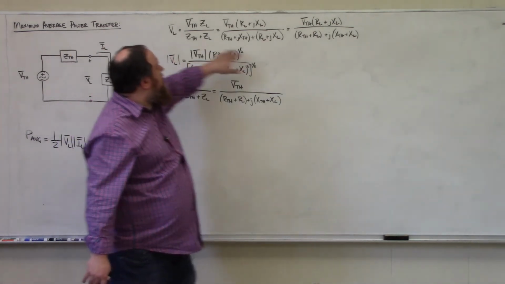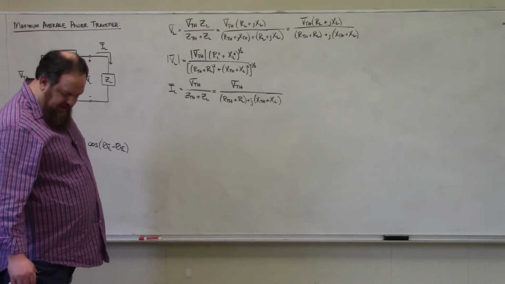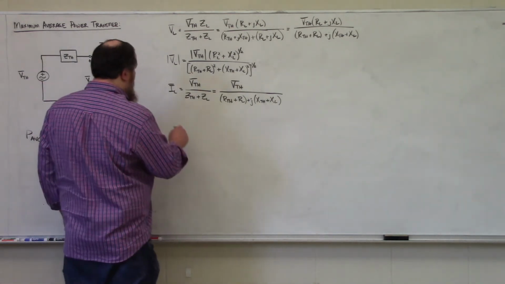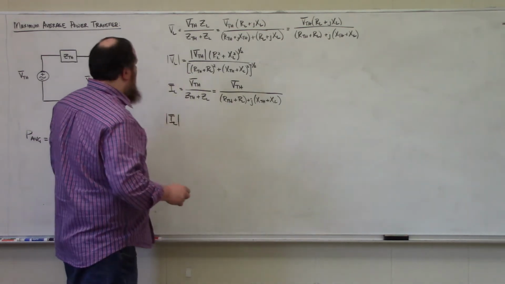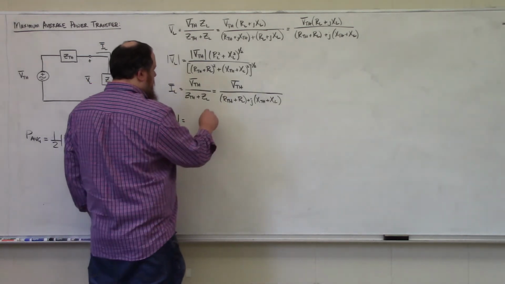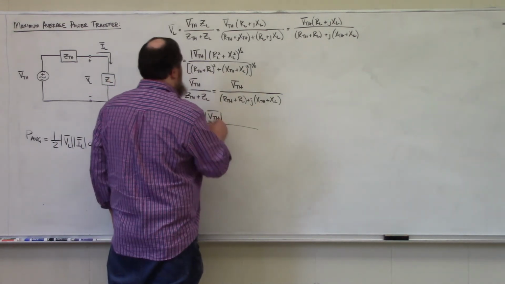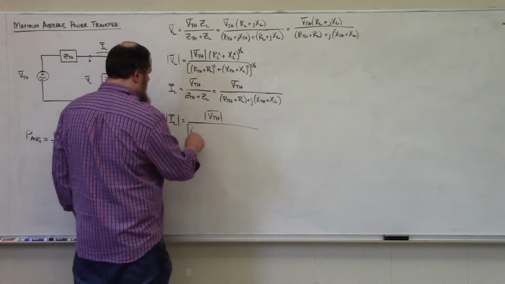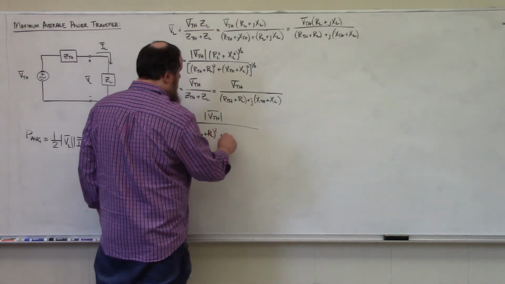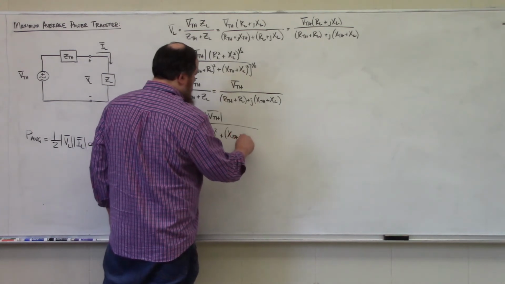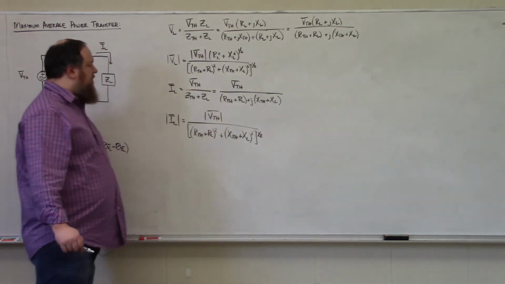So if our denominator here equaled that, then this same denominator should show up there. And we can see then that the magnitude of IL is going to be the magnitude of our Thevenin voltage divided by the square root of (RTH plus RL) squared plus (XTH plus XL) squared.